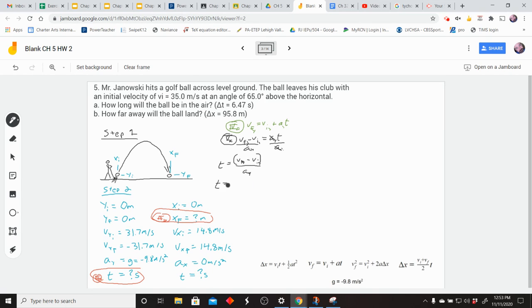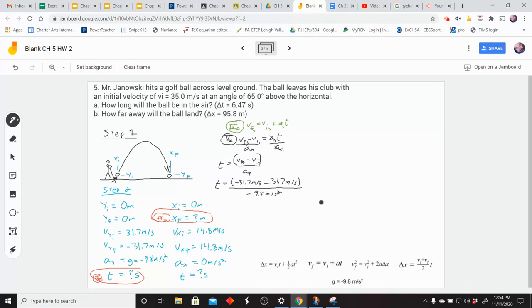Anyhow, t is equal to vy final, which is minus 31.7 meters per second, minus vy initial, so that is minus positive 31.7. All of this divided by a sub y, which is g, which is minus 9.8 meters per second squared.